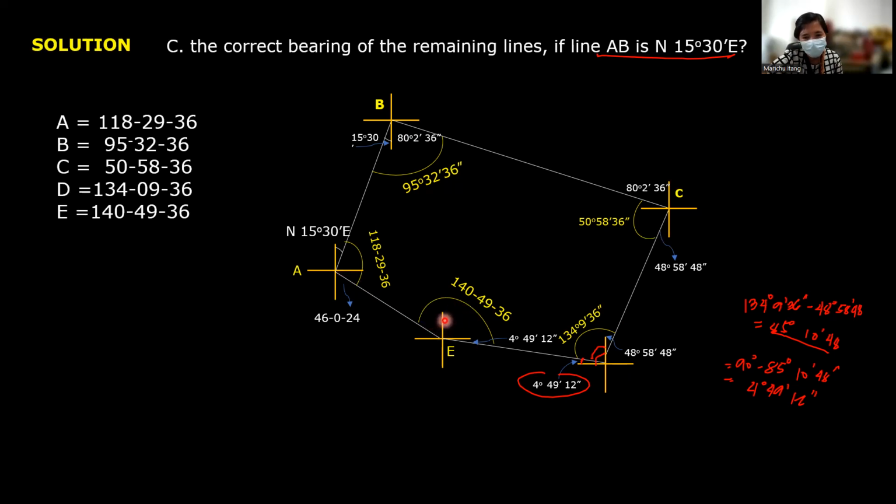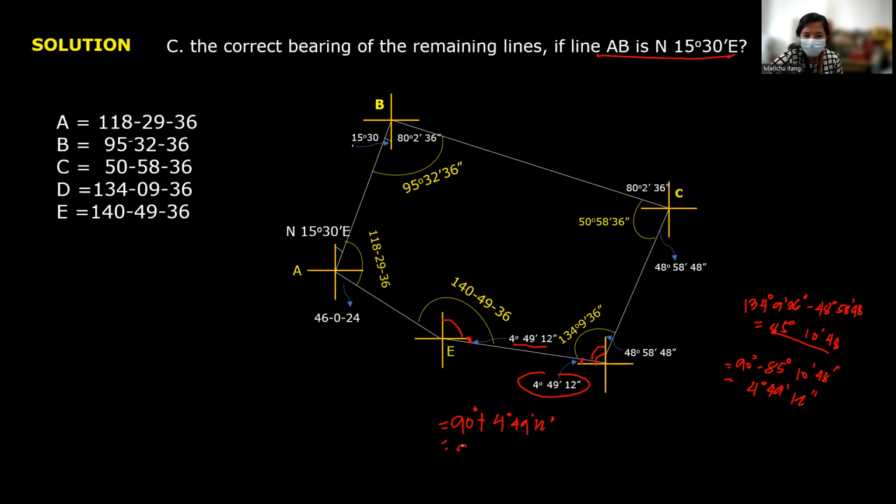This is 90, right? So we all know that this is 90. And plus this small here, which is 4 degrees, 49 minutes and 12 seconds. So 90 degrees plus 4 degrees, 49 minutes and 12 seconds.